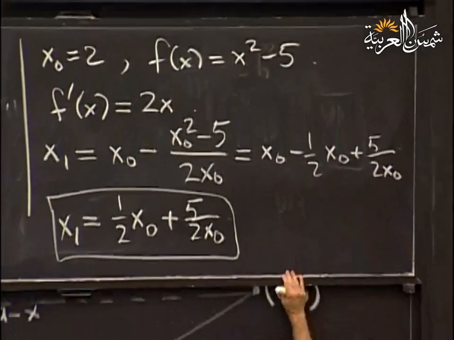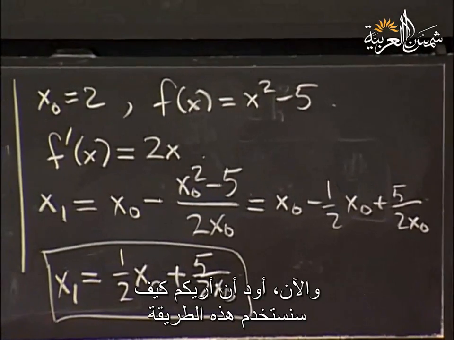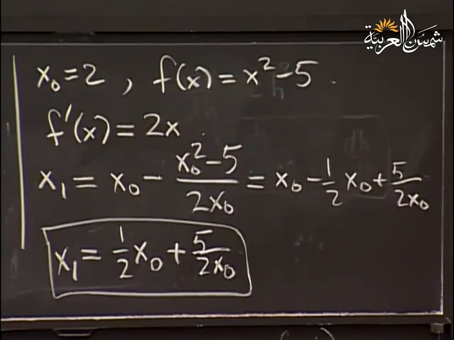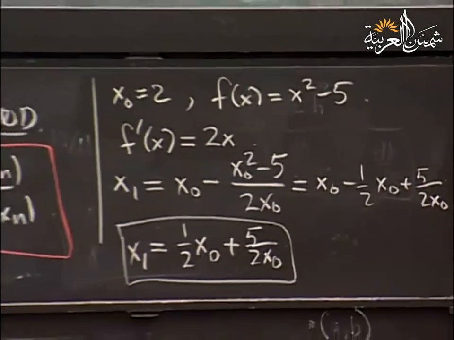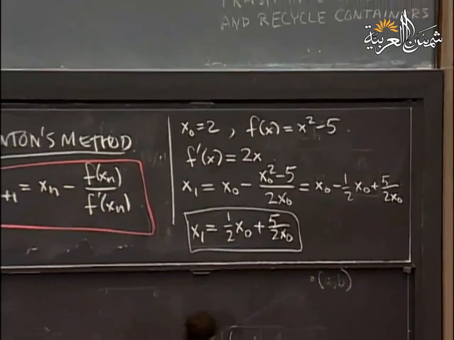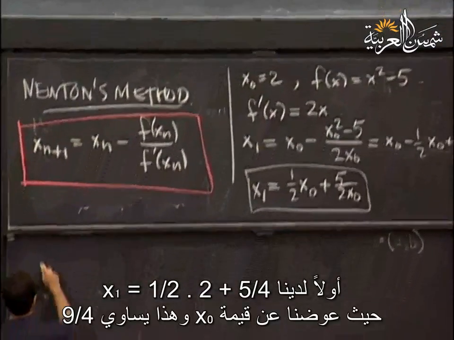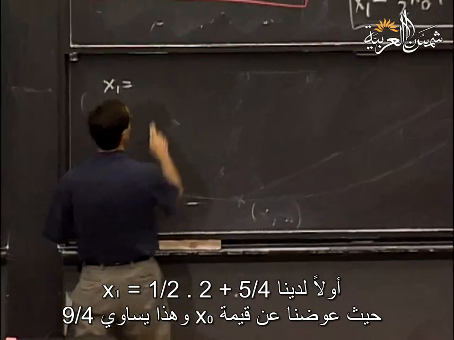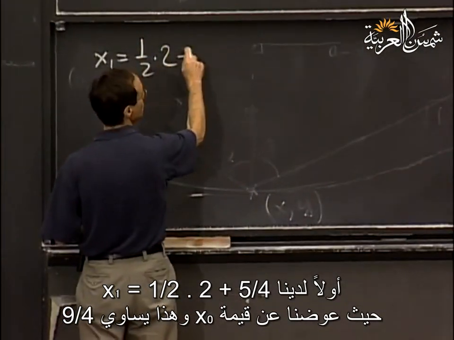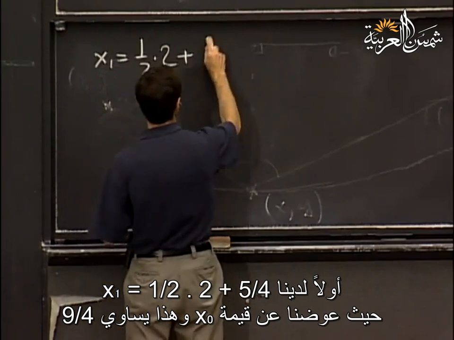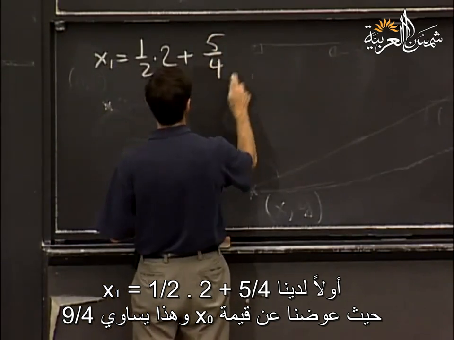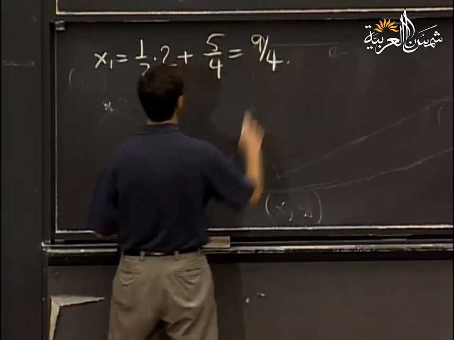All right, so now I'd like to show you how well this works. First of all, we have x1 is a half times 2, if I plug in x0, plus 5 fourths, which is 9 fourths.